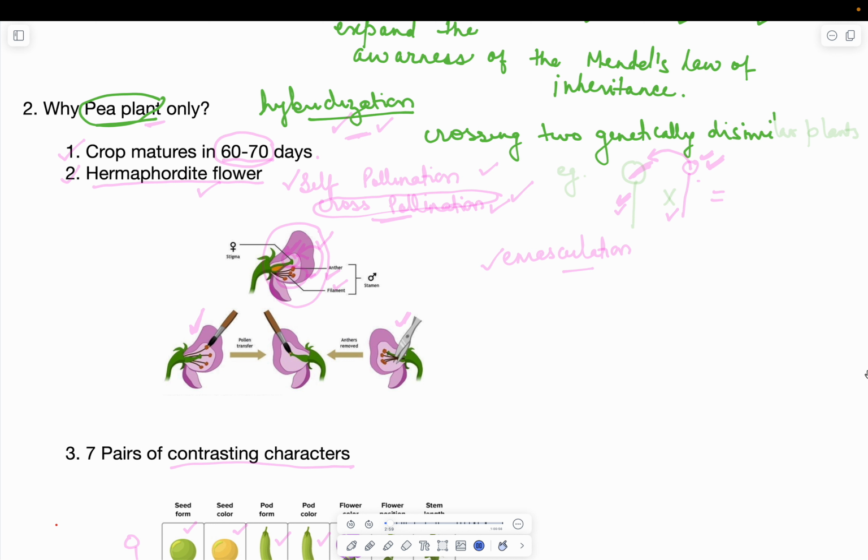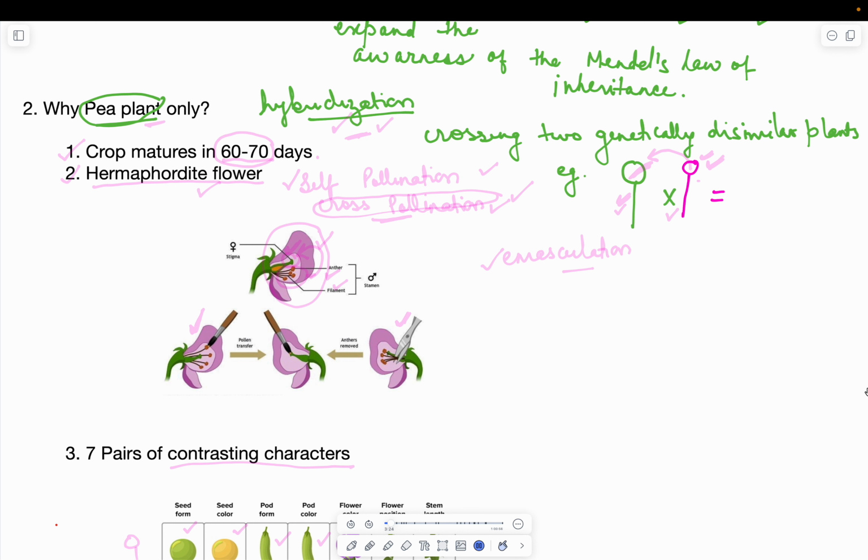Say for example, Mendel wants to cross this pea plant with another pea plant. These are 2 different varieties of the pea plant, right? So this is known as hybridization.